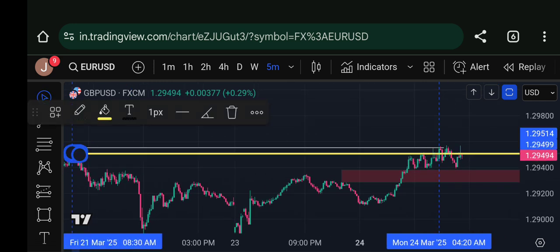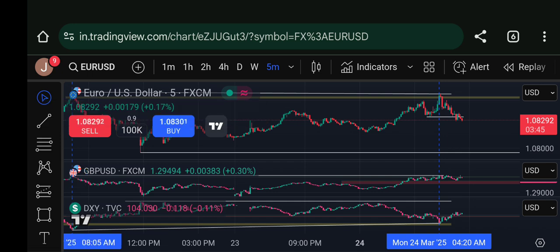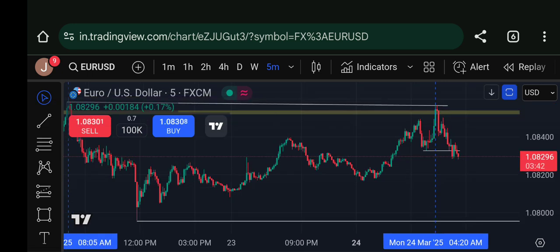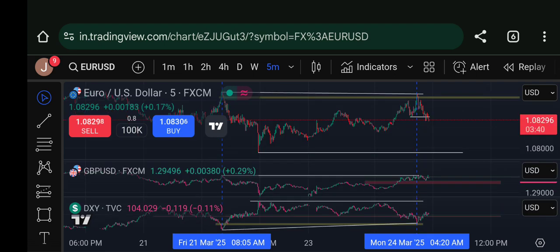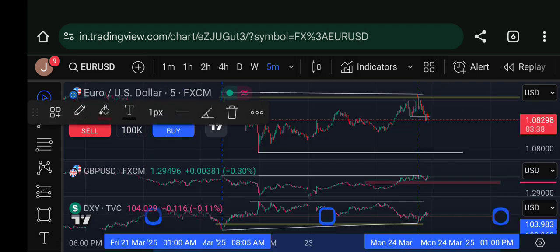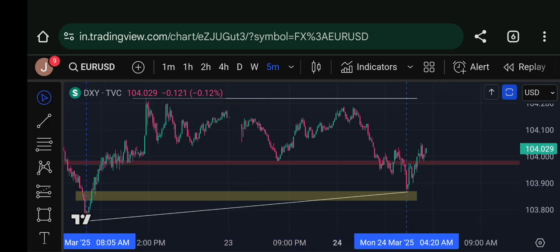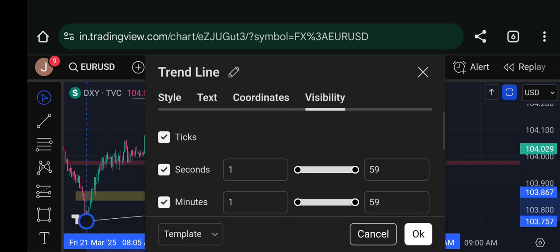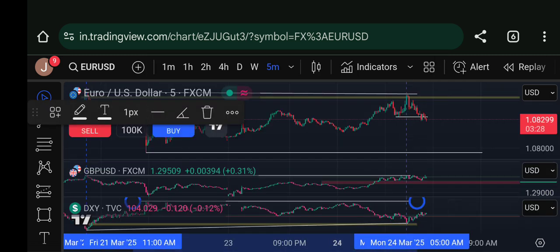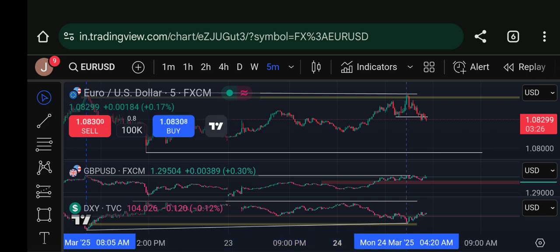And also on DXY this bullish fair value gap got disrespected here. So from this IRL to this ERL, SMT confirms reversal.